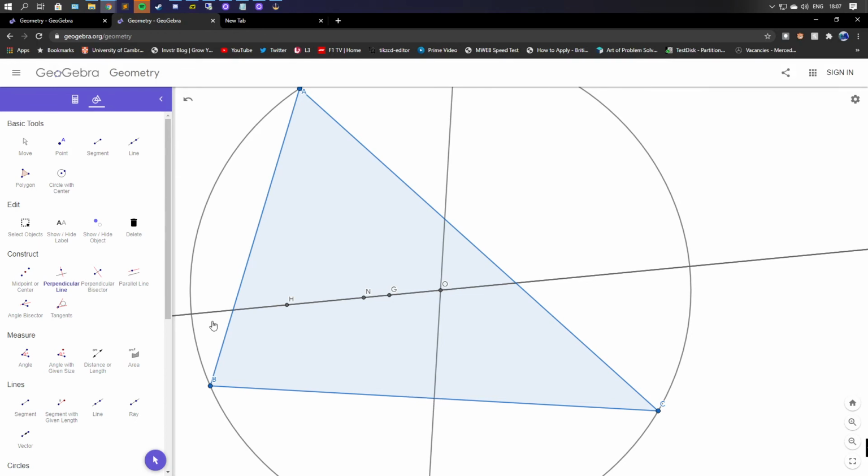Now recall that this is a perpendicular bisector, which means that if we draw this, that is the midpoint of the side, which means it'll go through the centroid, and then let's draw the perpendicular line from A to BC, and that's going to go through H. Now, we want to show that HGO is a straight line.